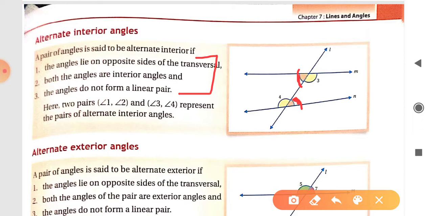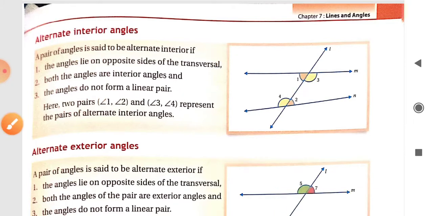So the first condition is satisfied. Second condition, both are interior angles. Yes, both are interior. And third condition, they are not forming a linear pair. So these are known as alternate interior angles. Similarly, angle 3 and angle 4 are also alternate interior angles.